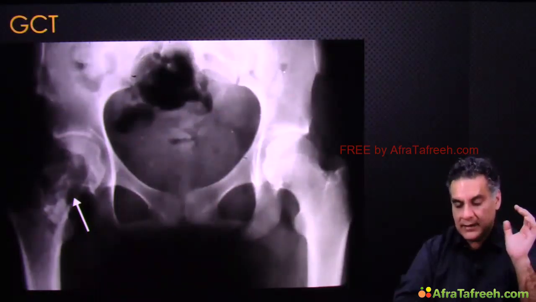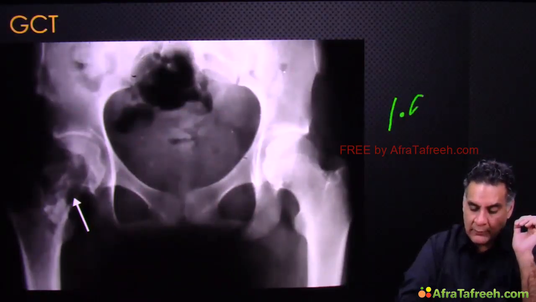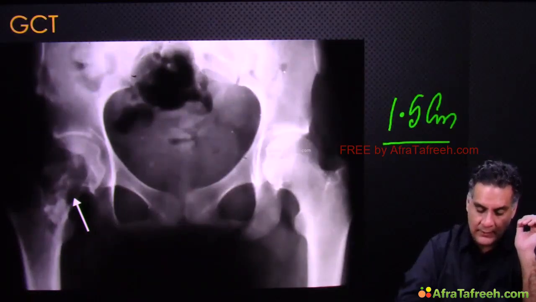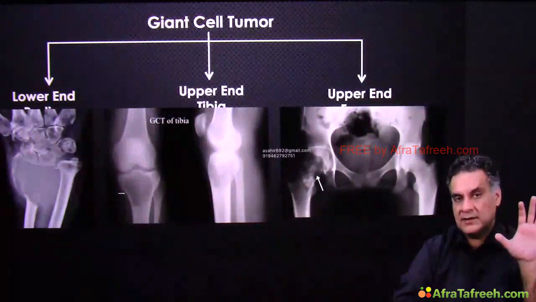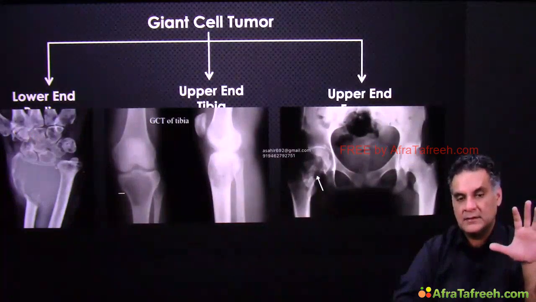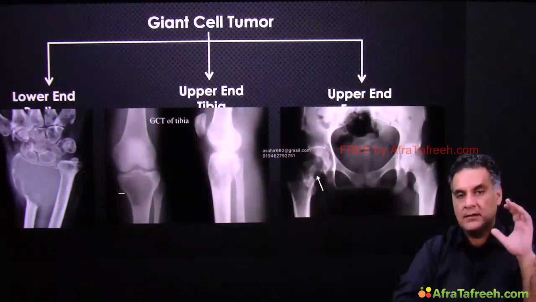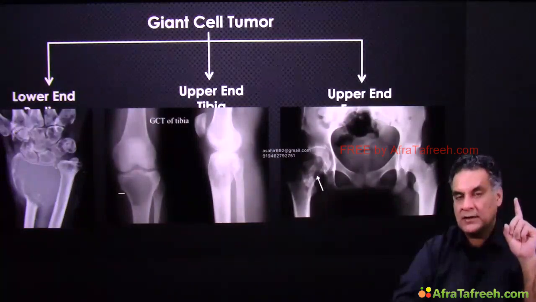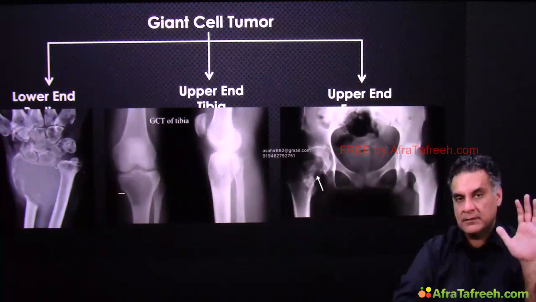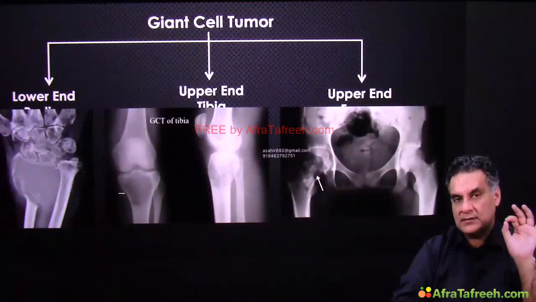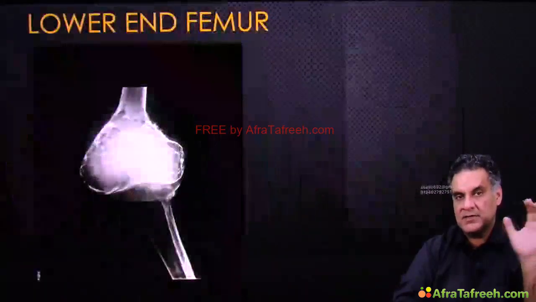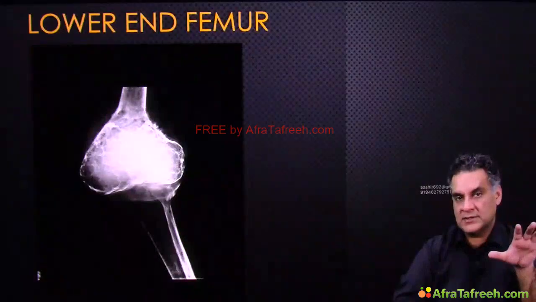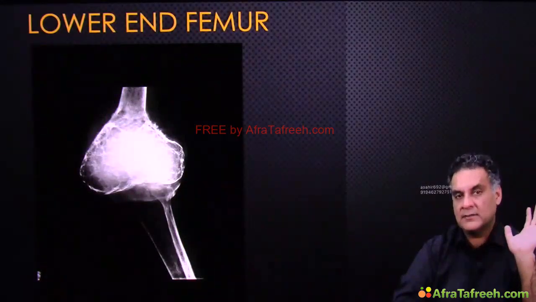Classically said that it should be within 1.5 centimeter of the joint. This explains why this can be GCT. So lower end radius, most commonly asked. Upper end tibia, upper end femur. One more dictum that you should remember. Lower end radius, most common tumor is GCT, but GCT's most common location is lower end femur.